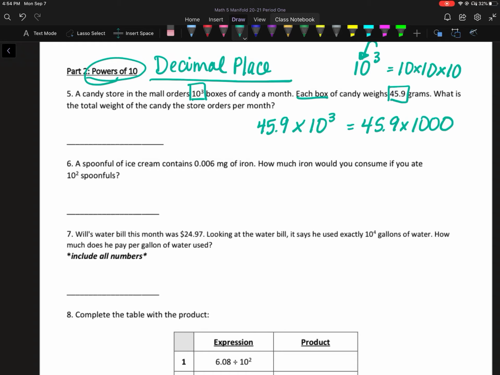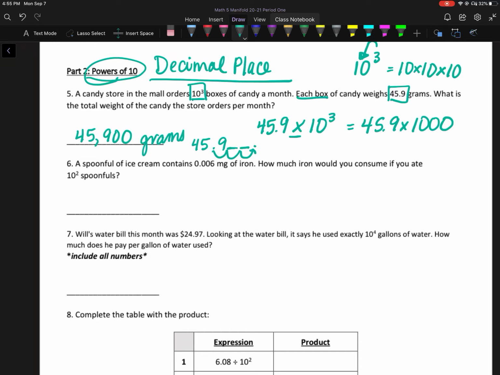So because I'm multiplying, I'm moving my decimal 1, 2, 3 times to the right, which means I have to add in 2 placeholders. So 45,900 grams was the total weight of the candy the store ordered.